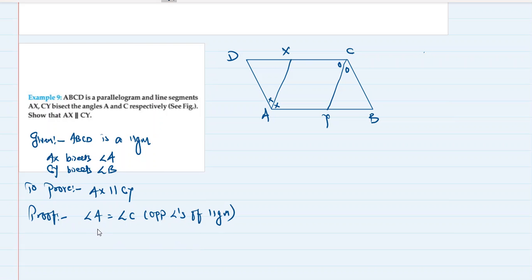So angle A is equal to angle C. So you can say that half of angle A is equal to half of angle C. And therefore, what is half of angle A? Angle XAY is equal to half of angle C, which is XCY. Angle XAY is equal to angle XCY. Okay, so that means these two angles are equal.